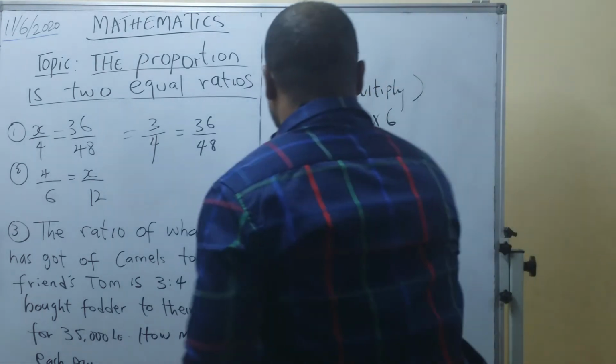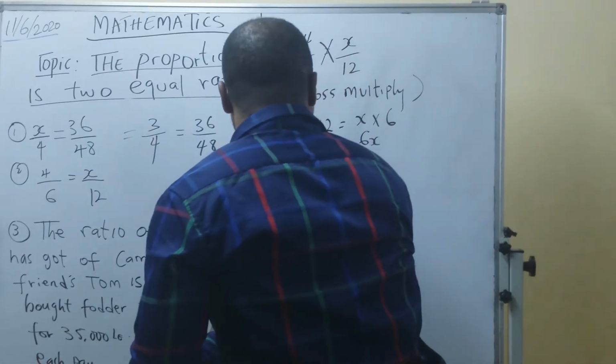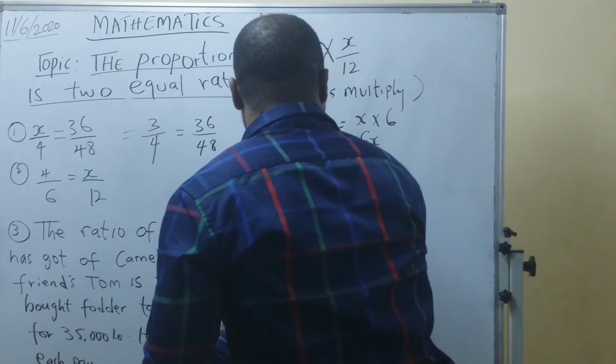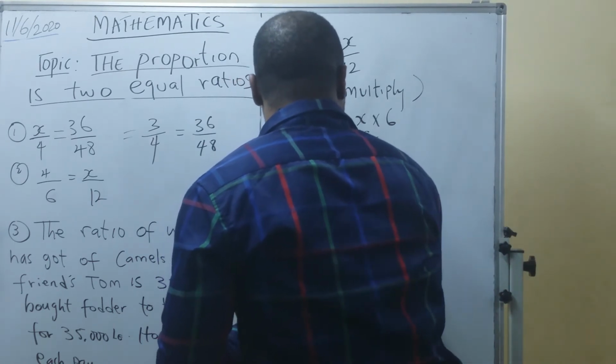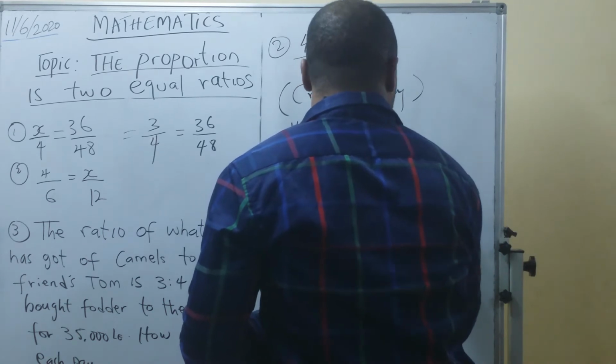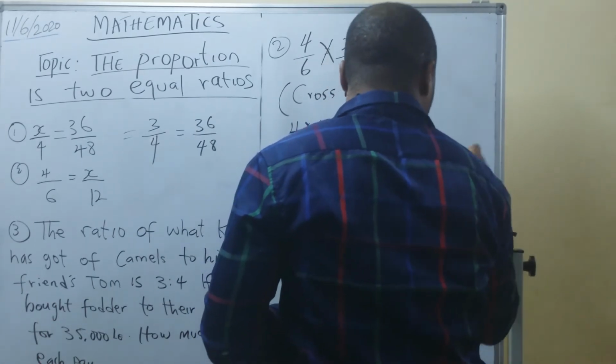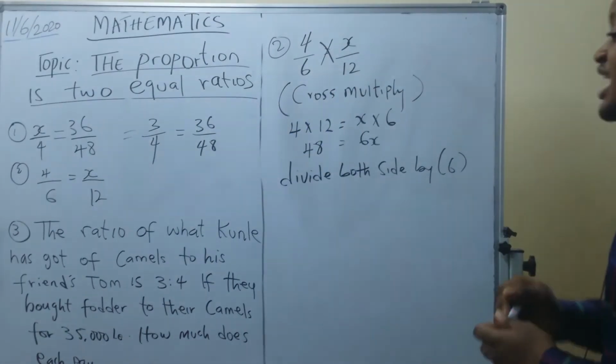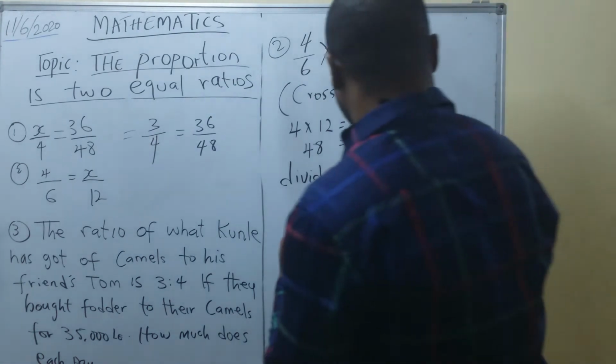Now, like I said earlier, any number beside the alphabet, we are going to use it to divide both sides so that x can stand alone. That is why I said divide both sides by 6.